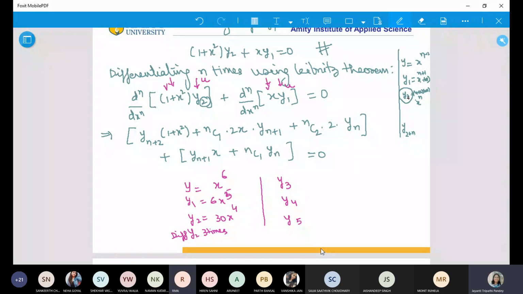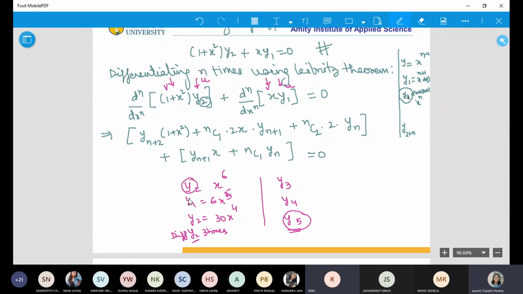Yes, ma'am. Boys, when you differentiate y2 3 times, will you get y5 or not? Yes, ma'am. So when you are differentiating 3 times, then you are reaching y5.